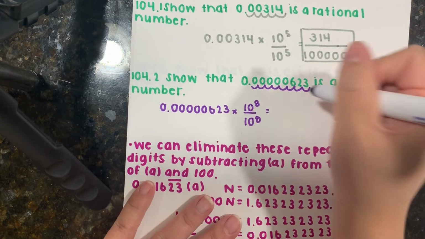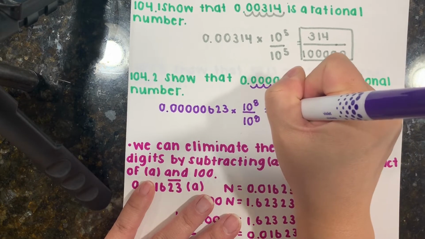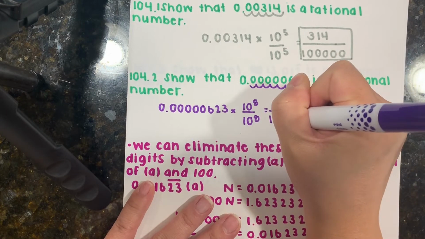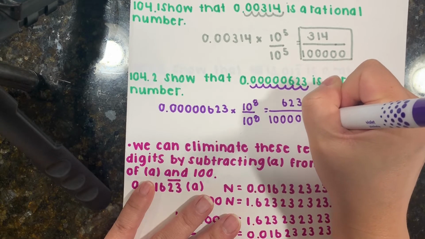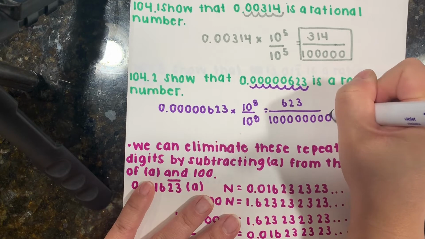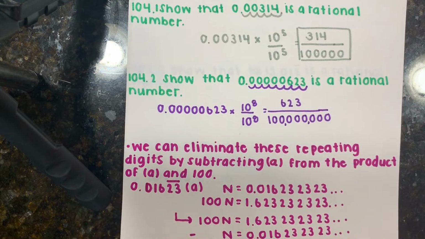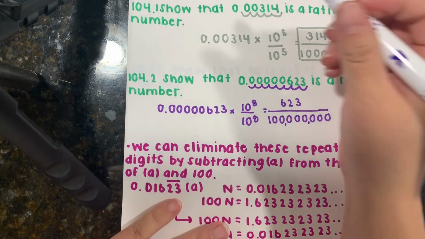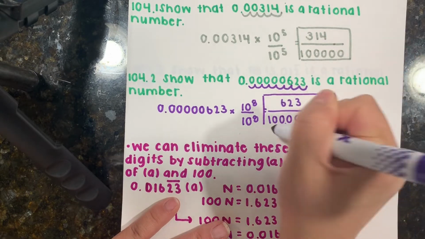And when I do that, I would get 623 in the numerator. And in the denominator, I have 1, 2, 3, 4, 5, 6, 7, 8 zeros. So that would be over 100 million, and this would be my answer. So I wrote it as a fraction. So that's all you need to do for these problems.